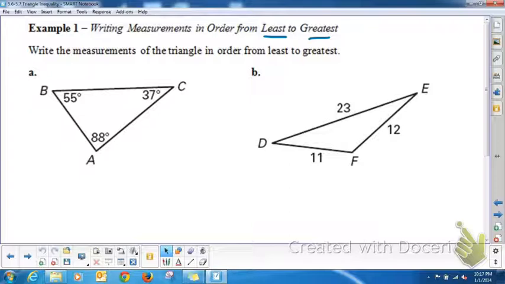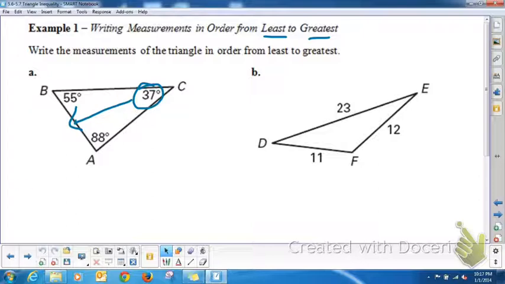So in example A, we're given the angles, so we don't want to list the angles in order, we want to list the sides. Remember, the smallest angle is across from the smallest side. So angle C is the smallest angle of these three angles, which is 37 degrees. Therefore, the side across from angle C is the smallest side.